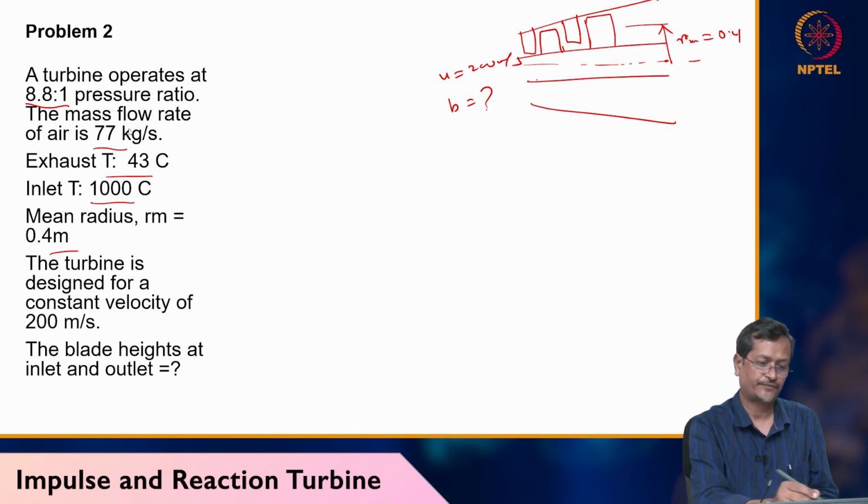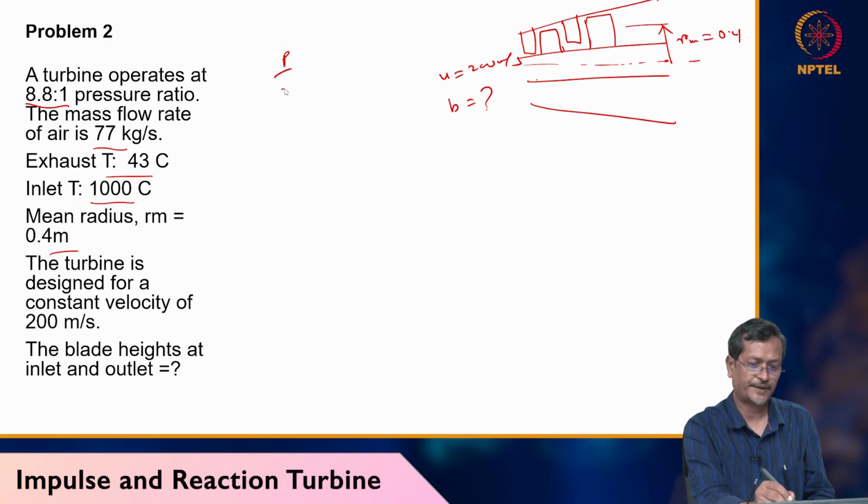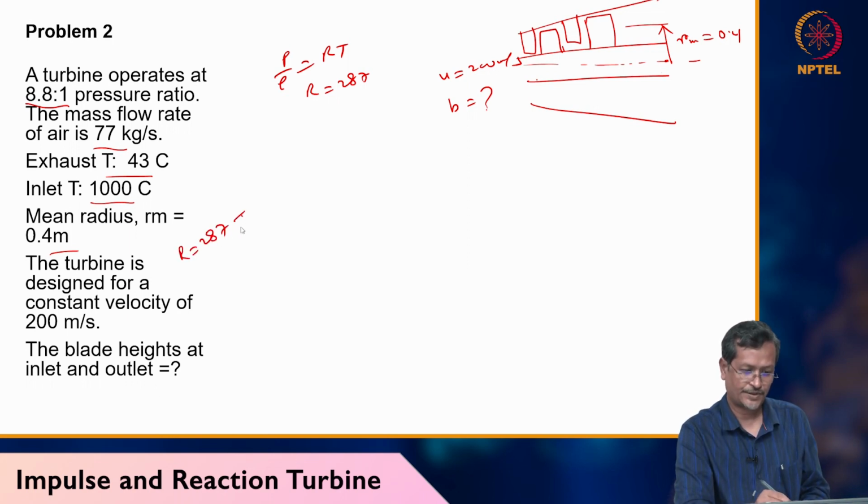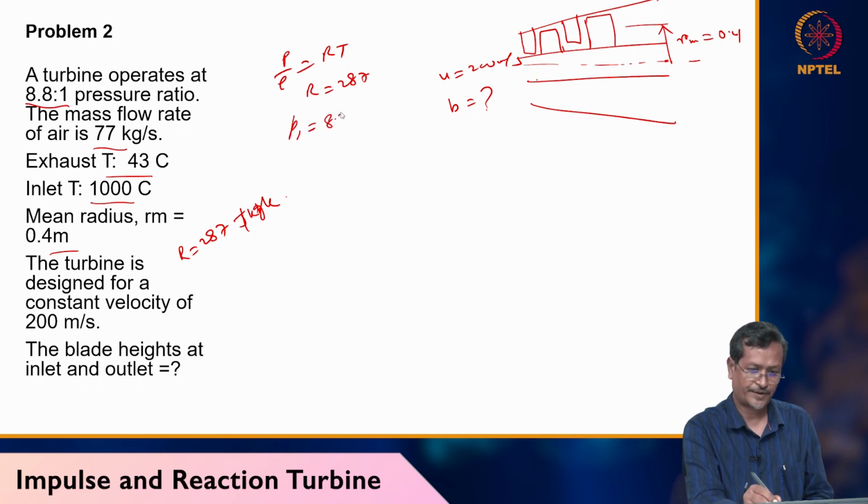To solve this problem, we have to use P by rho equals RT. R equals 287 J per kg K. Maybe we have to give the R value also. So 287. P1 equals 8.8 bar equals 8.8 into 10 power 5 Pascal.